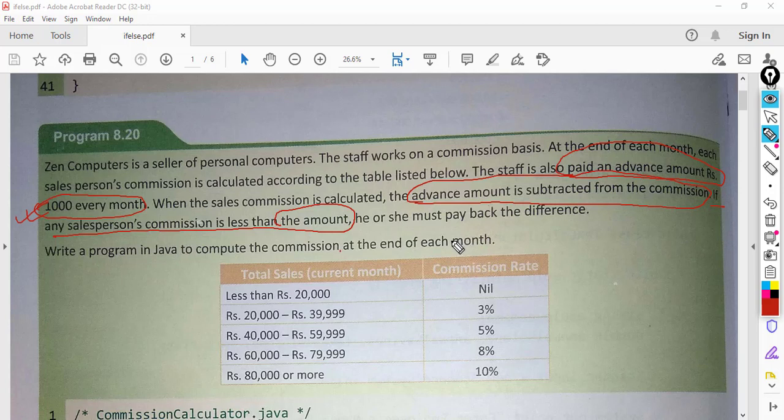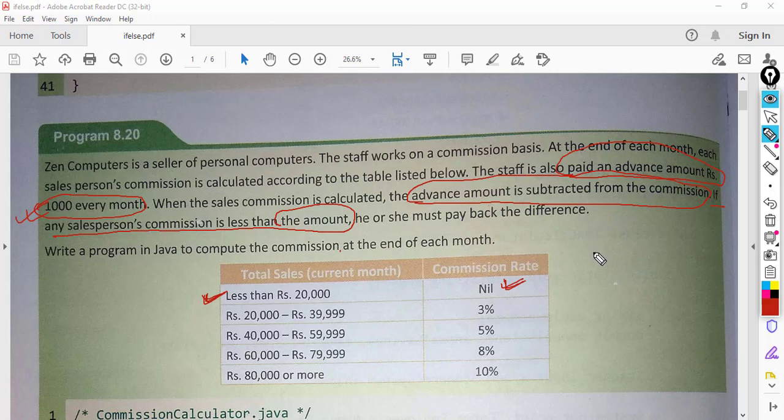So for example, let's say the total sales is less than ₹20,000. So what will be the commission rate? The commission rate will be 0, so the salesperson will get 0 amount. That means what? Now the salesperson has to pay back the difference.